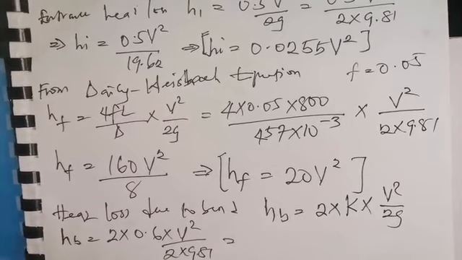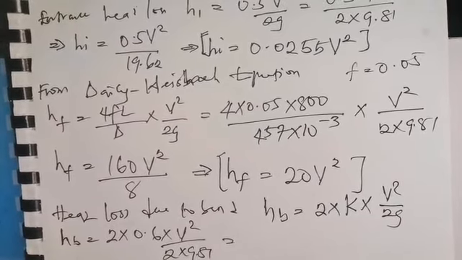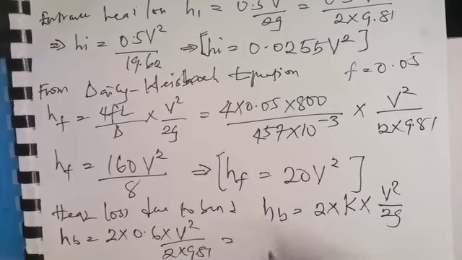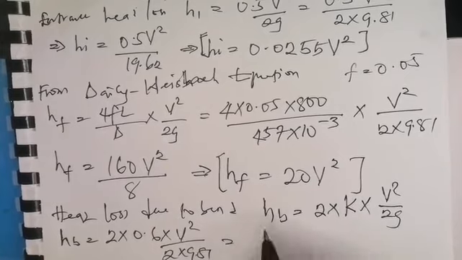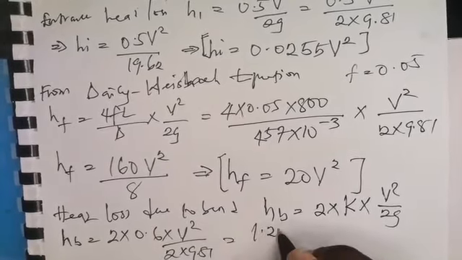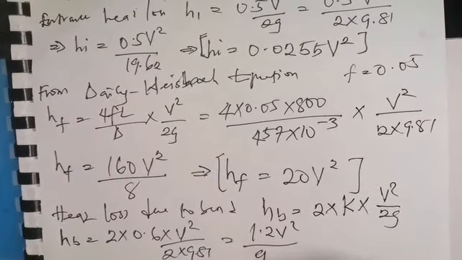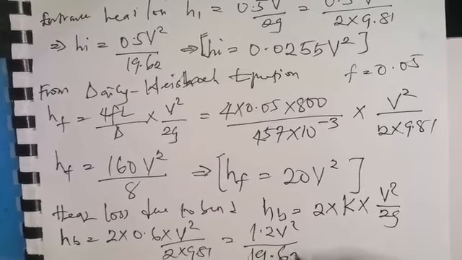Let's obtain everything at the numerator. 2 times 0.6 gives us 1.2 V squared, all over 2 times 9.81, which gives us 19.62.